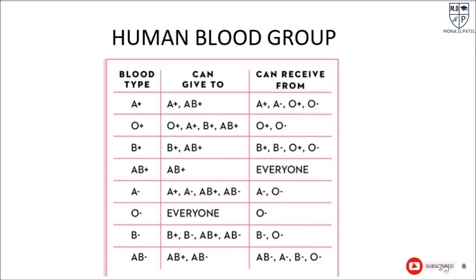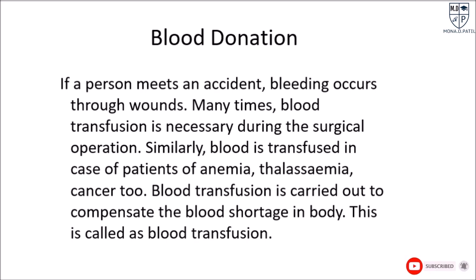Then what is meant by blood donation? If a person meets an accident, bleeding occurs through the wound. Many times blood transfusion is necessary during a surgical operation. Similarly, blood is transfused in the case of a patient with anemia.